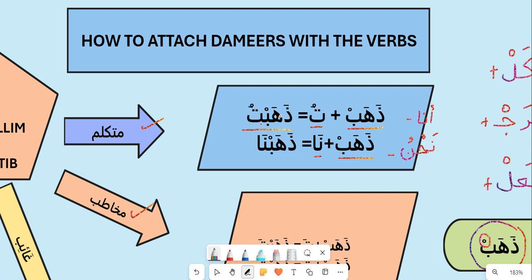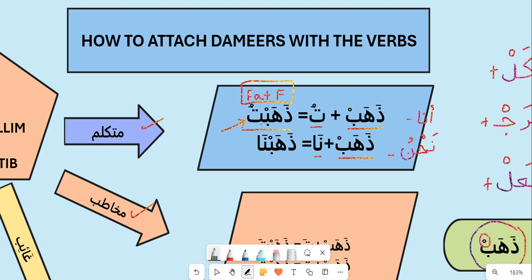If you see closely, the first is the fa'il. Now if you apply the formula of jumla fi'liyya, we have a fi'l, dhahab. After the fi'l comes the damir, in the position of fa'il. So now you have your jumla fi'liyya. Dhahabtu in itself is a complete jumla fi'liyya, because you have your fi'l and you have your fa'il.